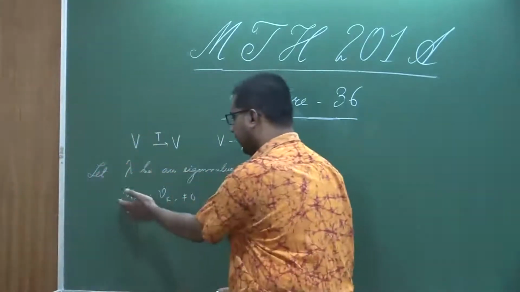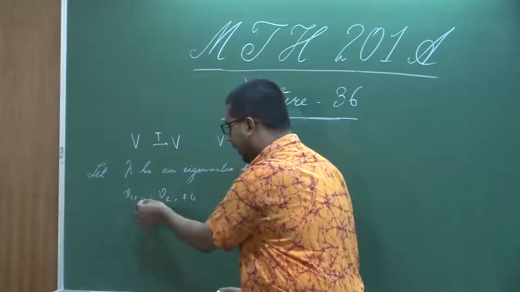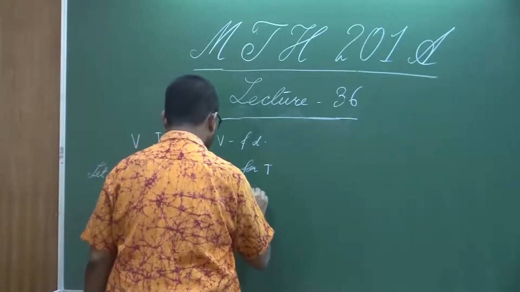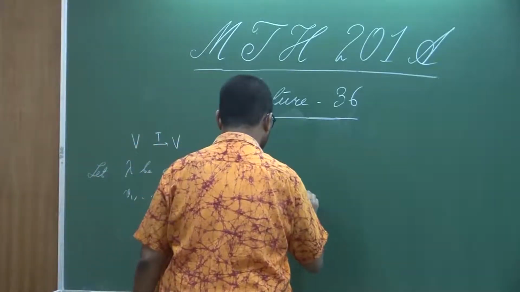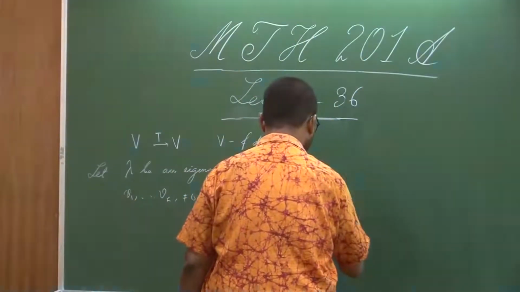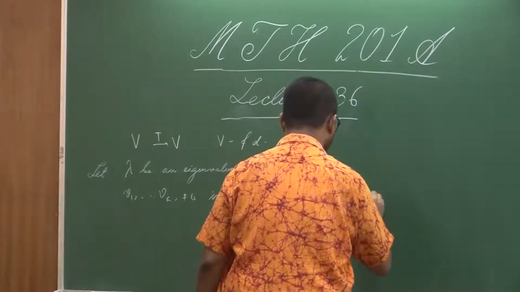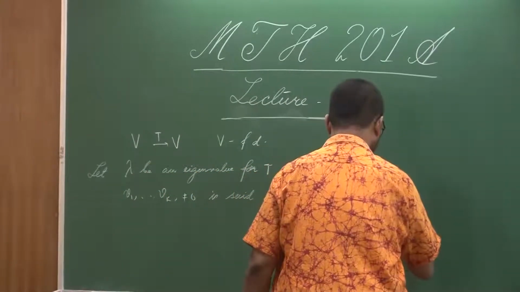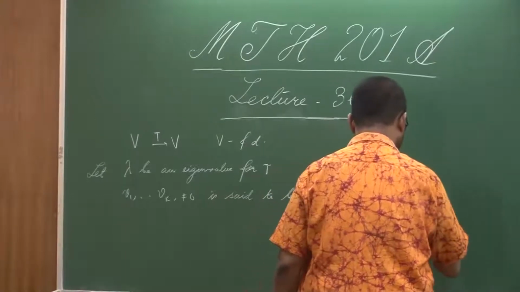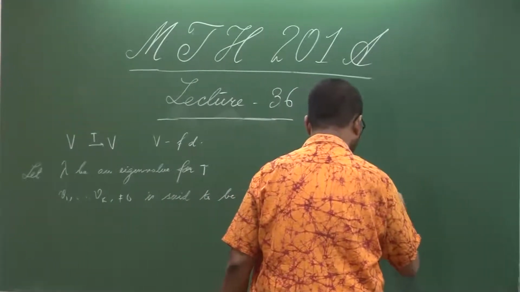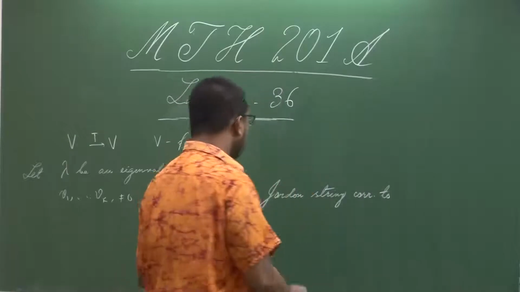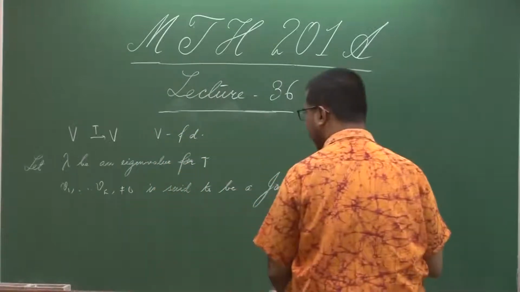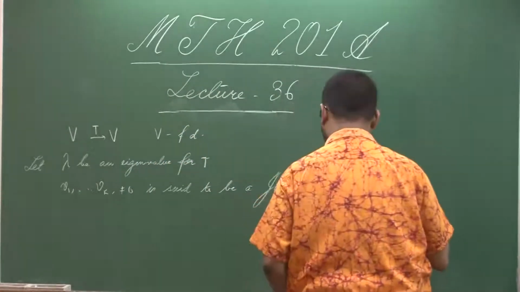I mean, whenever I say sequence, that means it is ordered in the way they are appearing, that is, by the index, is said to be a Jordan string corresponding to lambda. Some people call it with eigenvalue lambda, but corresponding to the eigenvalue lambda is maybe better, because they may not be eigenvectors, as you will see soon.